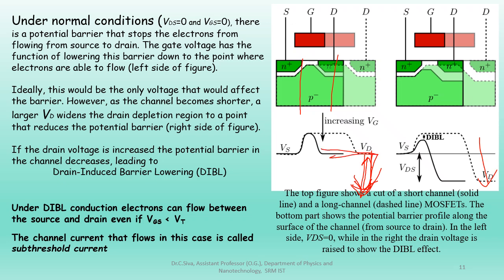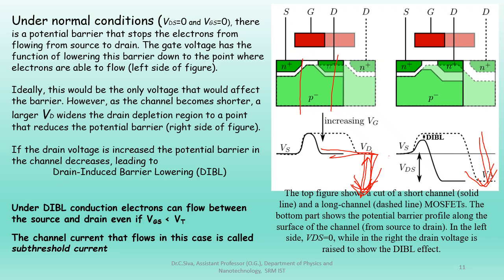This earlier value, due to short channel, gets lowered. The drain voltage lowers the potential barrier, which gets lowered because of the drain voltage level, and this causes effects.